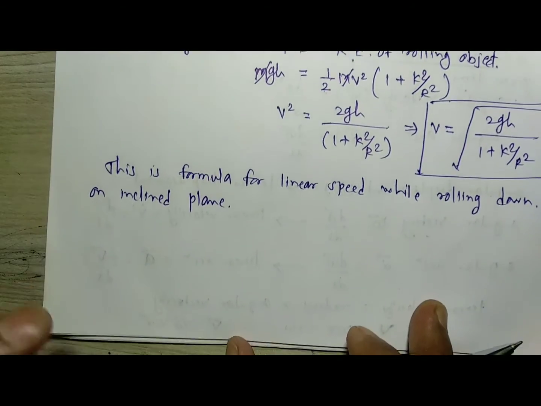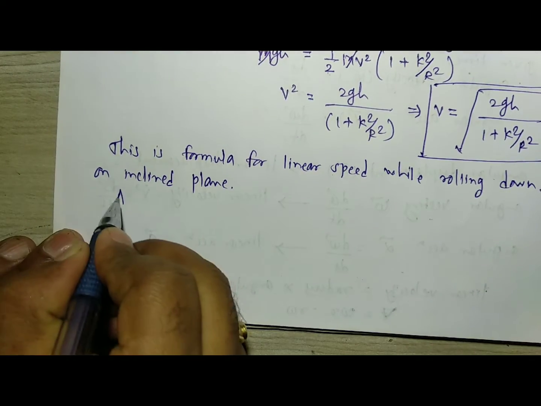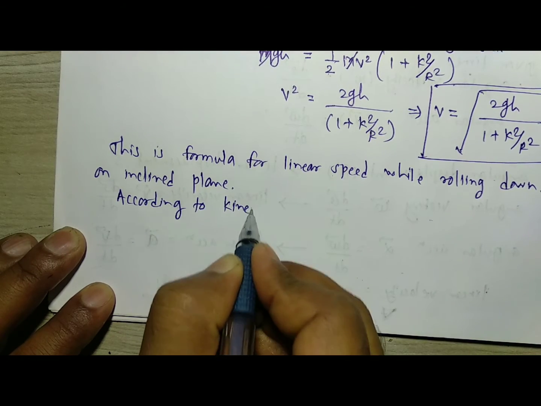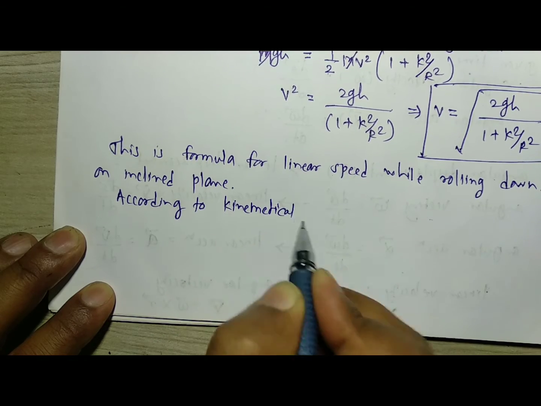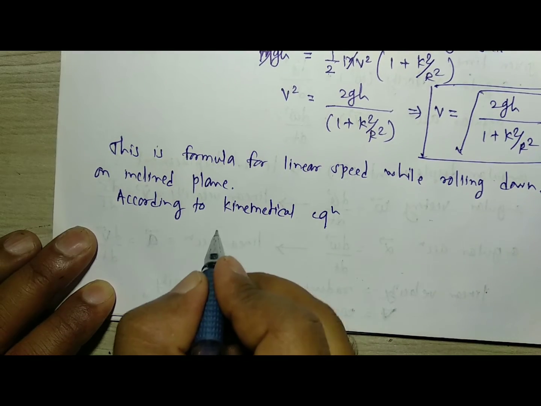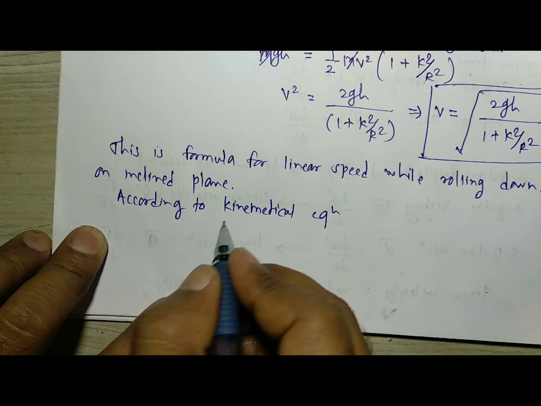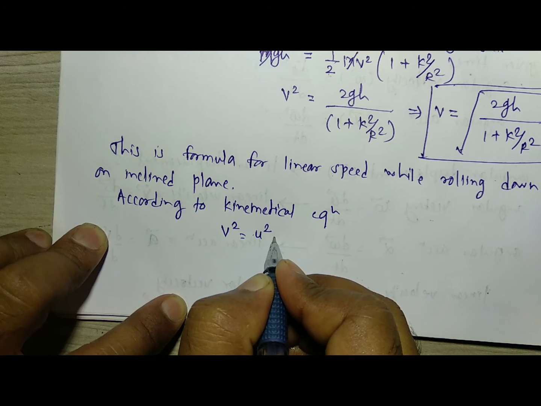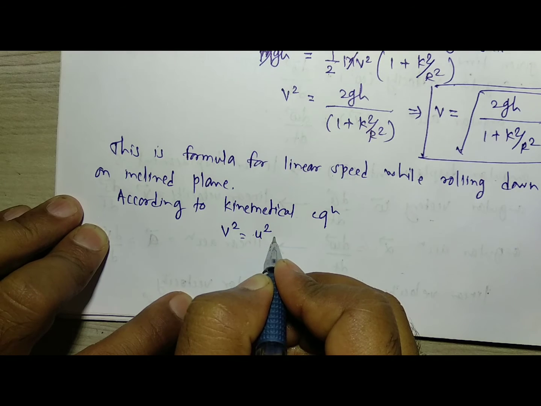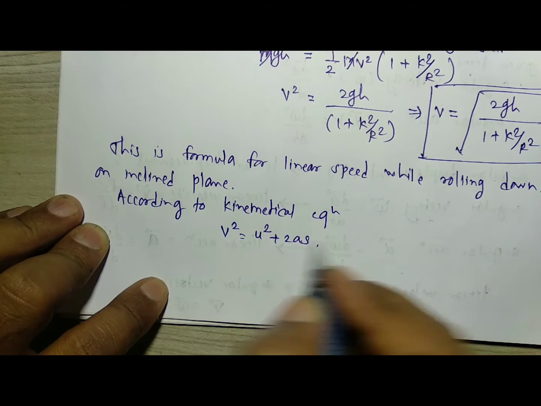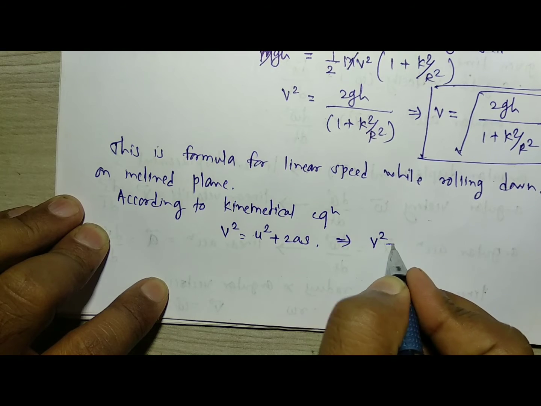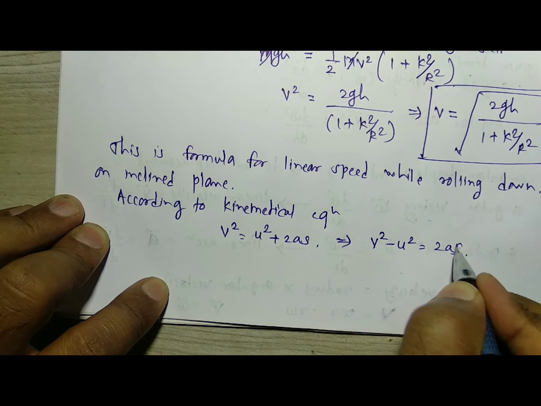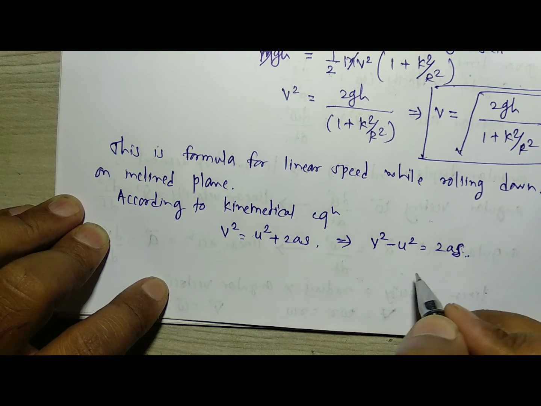Right now we know that according to the kinematical equation, v square is equal to u square plus 2as, and therefore it implies that v square minus u square is equal to 2as, where a is the acceleration and s is the displacement.